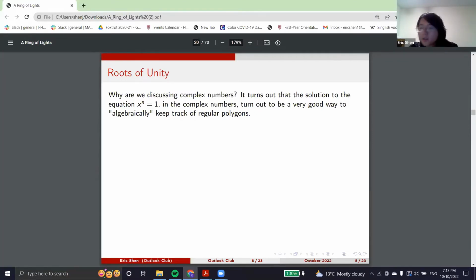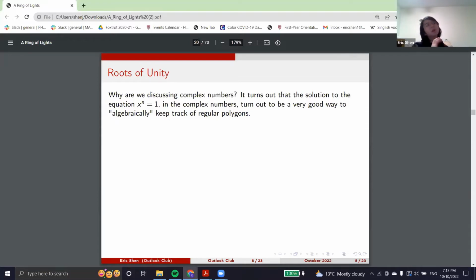So if we have a complex number x which satisfies x to the n equals 1, we can consider its magnitude and its argument. Well, we know that its magnitude has to be a non-negative real number. And if a non-negative real number to the n is equal to 1, then that real number has to be 1. So we know its magnitude is 1. Great. What about its angle?